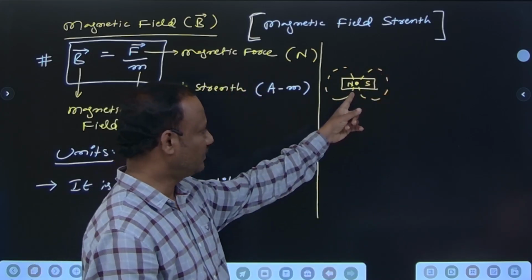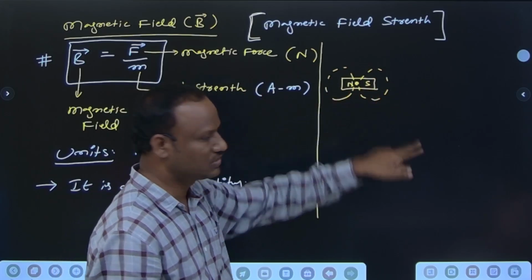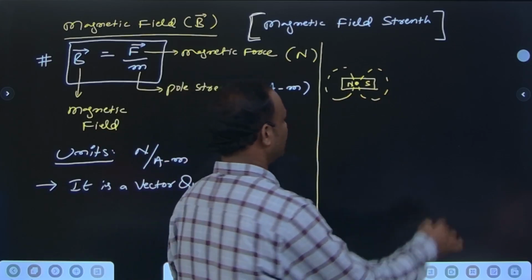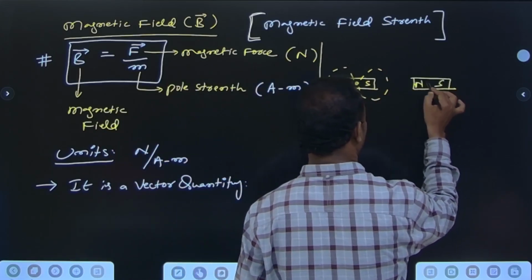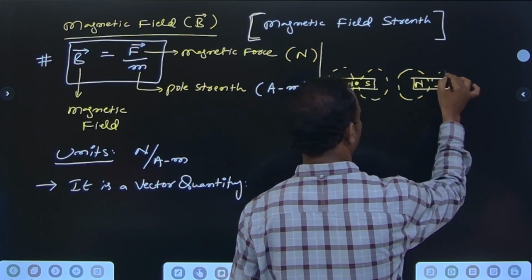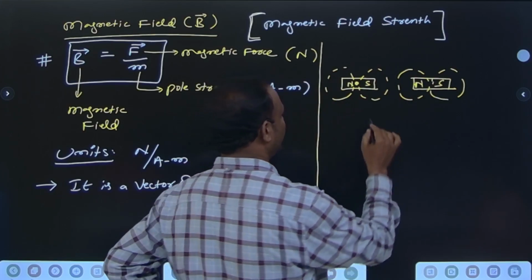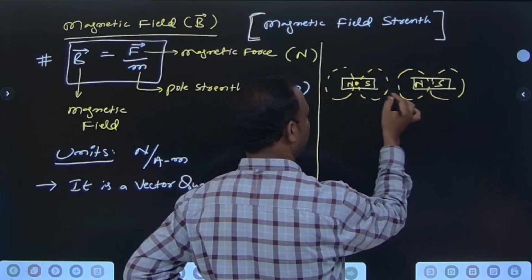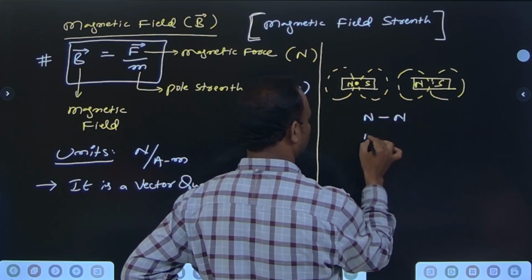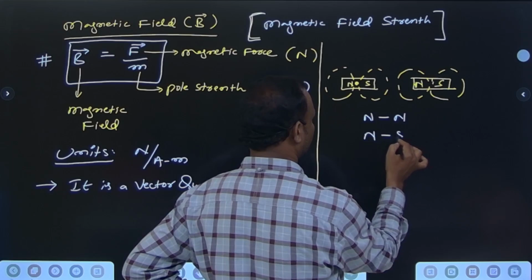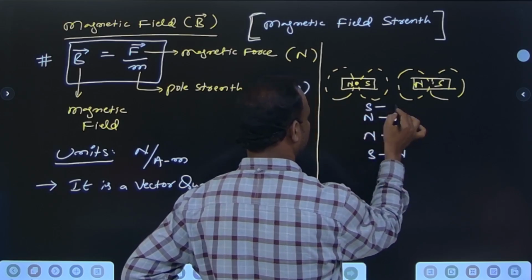That is the neutral point inside, between these two, so there is no attraction and repulsion. For example, if I choose another bar magnet, it has north and south. If I place it near this one: north-north, north-south, south-north, south-south.